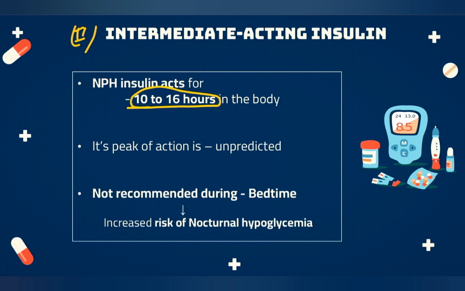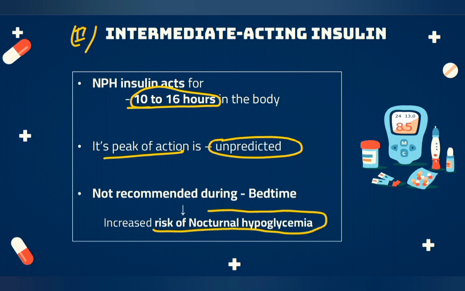And the peaks of action are unpredictable, and these are the insulin which have higher risk of development of nocturnal hypoglycemia. Because of such properties, such intermediate acting insulin are not recommended during the bedtime.